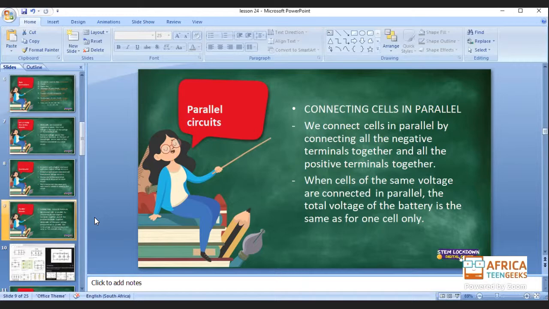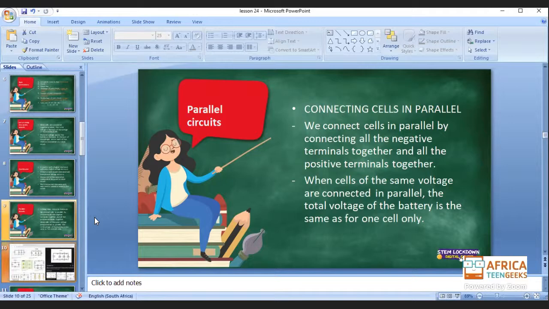I even made an example with your remote control batteries. If the negative touches another negative, that means there won't be any flow of current. So that means we cannot connect cells like that for a circuit, because the circuit won't have any current to use. I hope you are aware of that, grade 9.